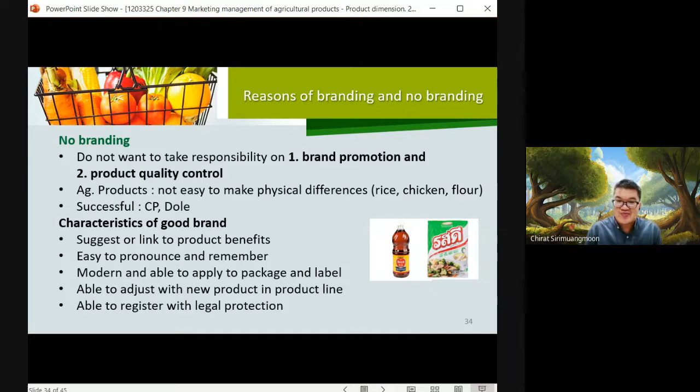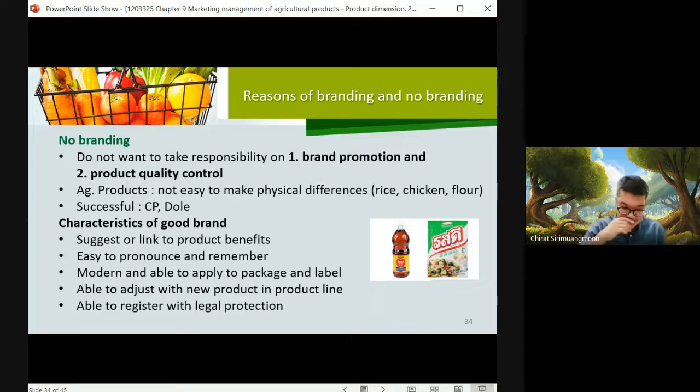For example, for rice, chicken, and flour, sometimes they do not put the brand because they do not need to spend money on promotion and quality control. But some brands can do it, like CP and Dole. So if you can do it, it is product differentiation.